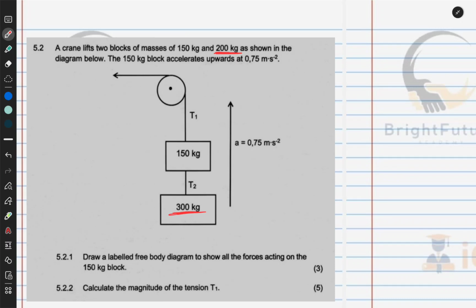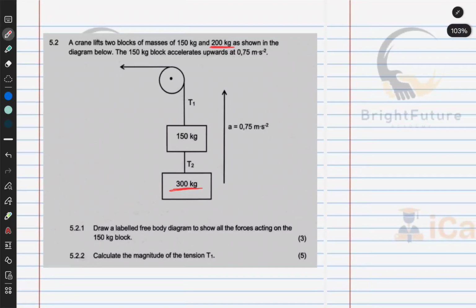So if you were writing this, the teacher probably told you which mass to use, but in our case, let's use the one given in the problem statement. Okay, so we'll use the 200 kilograms. So now these blocks accelerate upwards at an acceleration of 0.75 meters per square second, right?